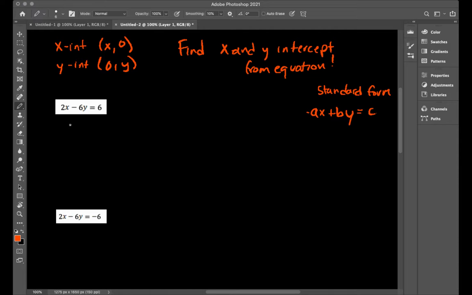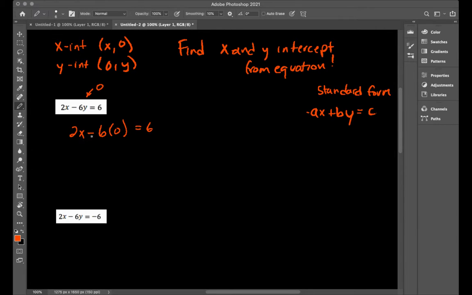So let's think of what we know. To find the x-intercept, we know the value of y is going to be 0. So therefore, we're going to substitute 0 in for y. So it's going to be 2x minus 6 times 0 equals 6.